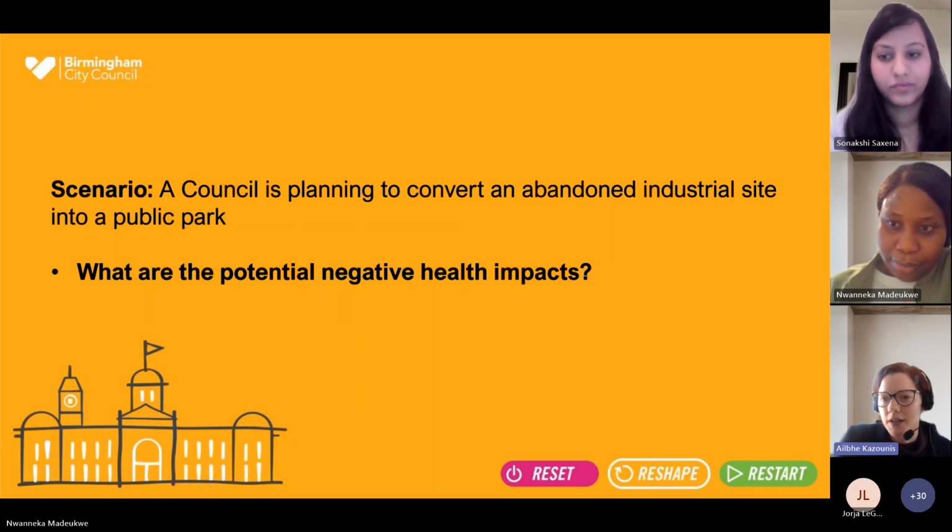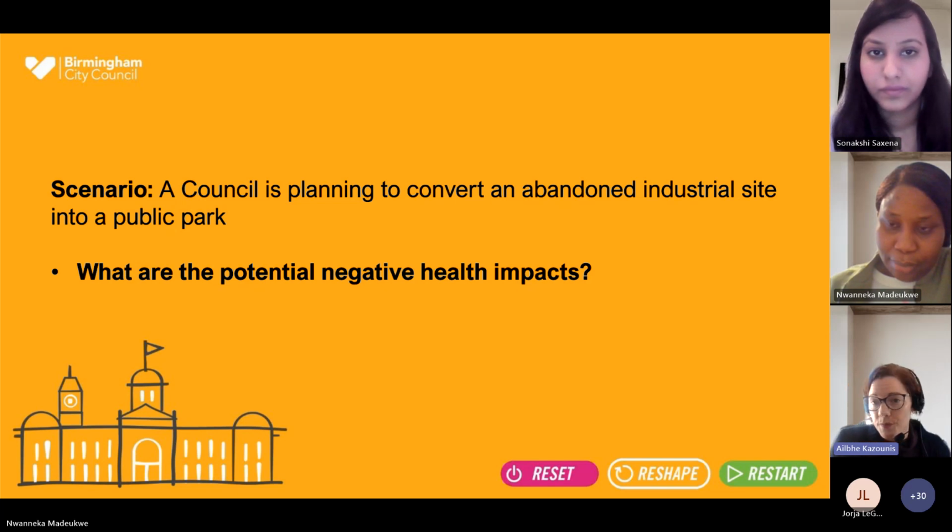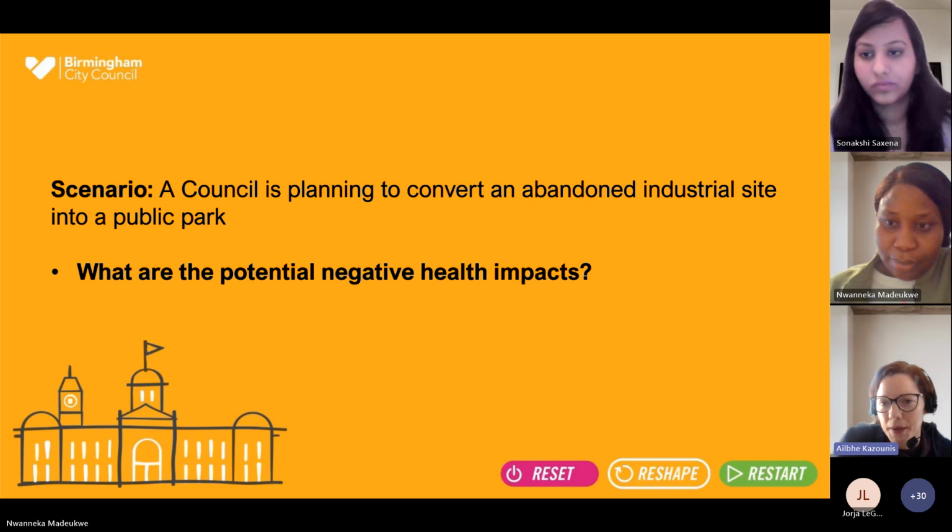Meanwhile, construction, yeah. A risk exposure to community members who use the park, yeah. Litter, if not managed well, yeah.